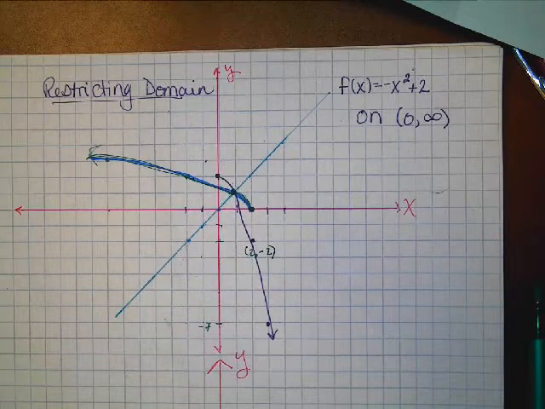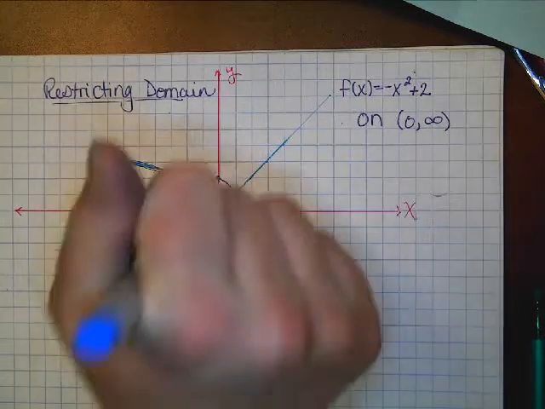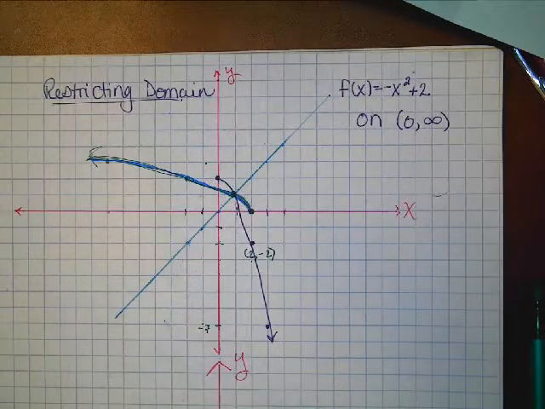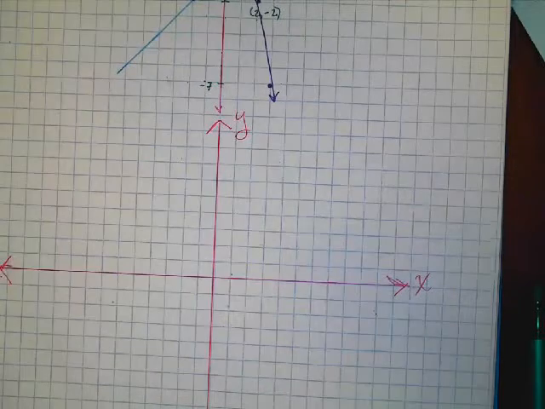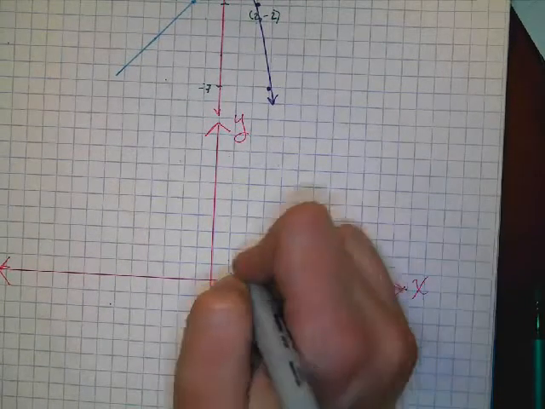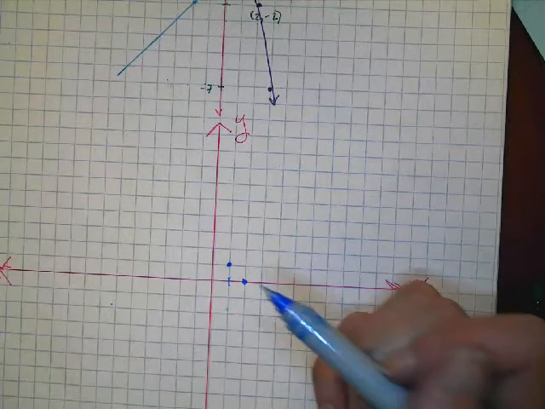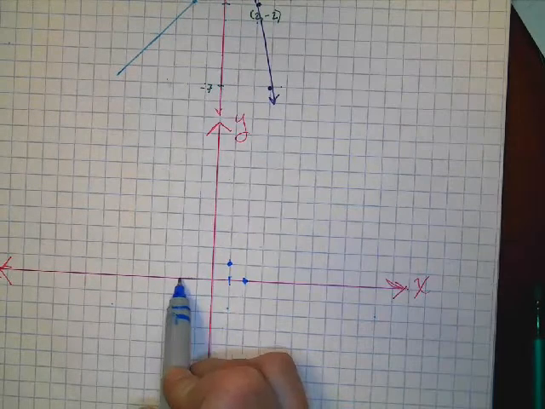It's what I would get if I folded the paper right along this line. This stuff goes here, this stuff comes up here. So that's how I find the inverse function.